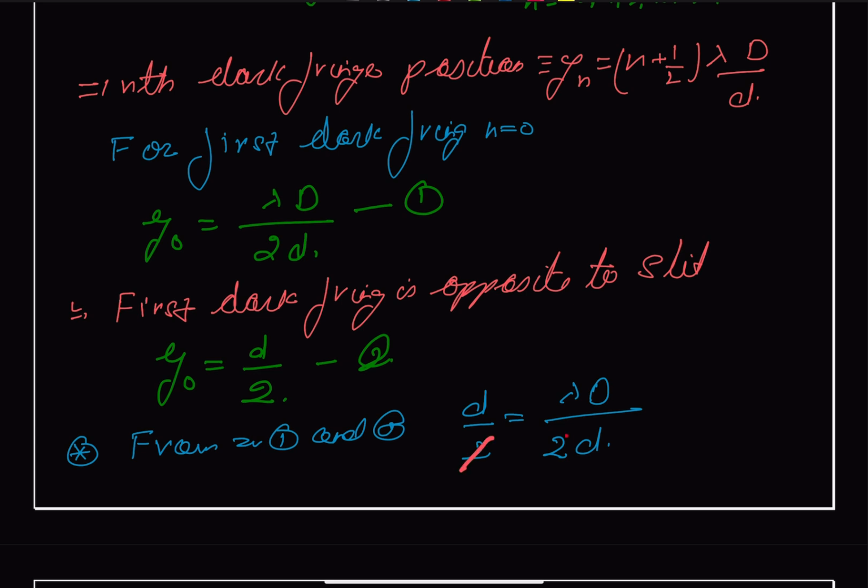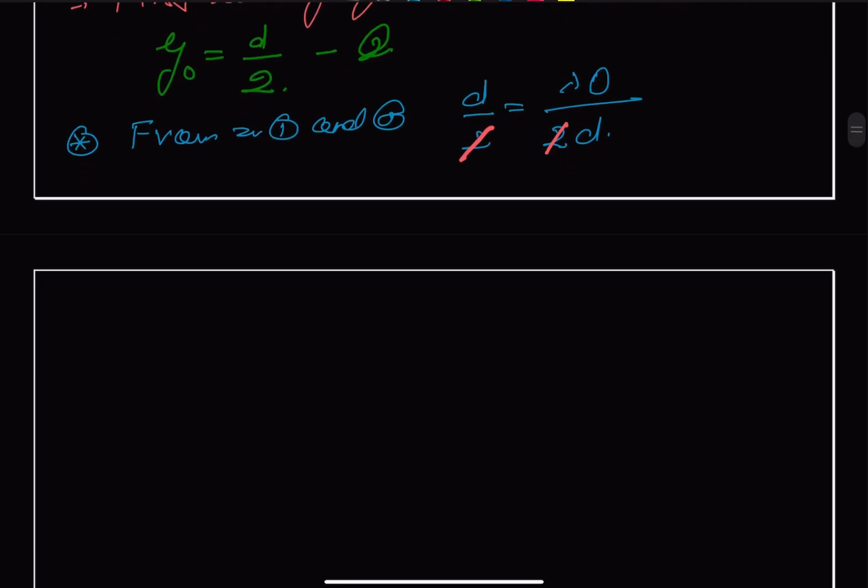Here 2 and 2 go away. So we get d square, or we need to find out lambda. So lambda is equal to d square upon capital D. We substitute the value: this is 0.6 into 10 to the power minus 3, whole square, and capital D is given to us as 0.8.